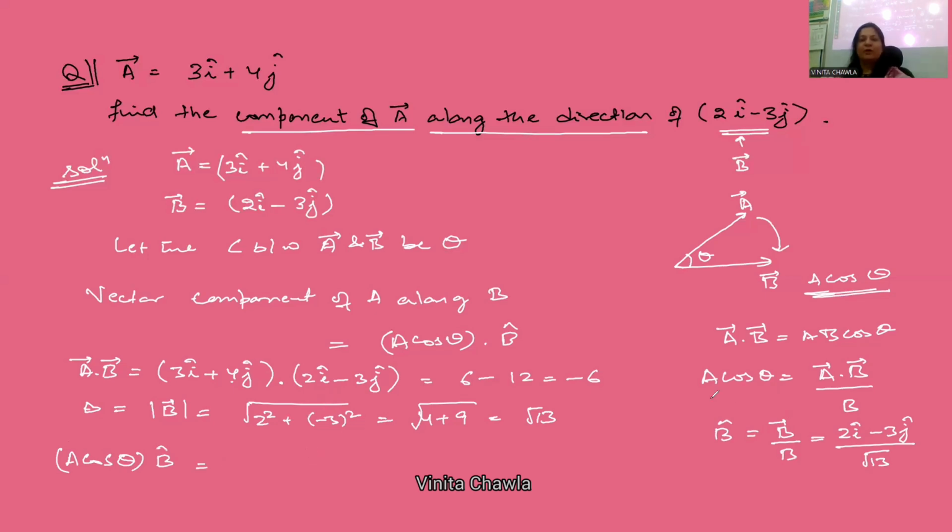A dot B is -6 and B is √13, and B cap is 2i cap minus 3j cap upon √13. So we can write this as -6/13 times the bracket 2i cap minus 3j cap. This is the answer.